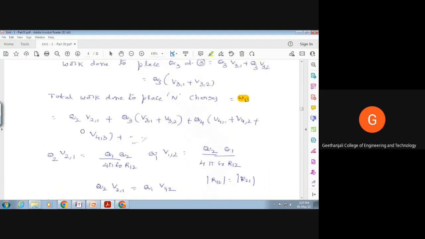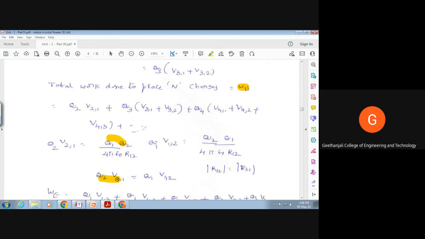Now, if you look at this Q2 into V21, what is V21? The potential at point 2 because of the charge Q1. So, Q1 by 4 pi epsilon naught R12. If I interchange Q1 and Q2, I can write this as Q1 into Q2 by 4 pi epsilon naught R21. What is Q2 by 4 pi epsilon naught R21? It is the potential at point 1 because of the charge Q2. So, Q2 into V21 is equal to Q1 into V12.